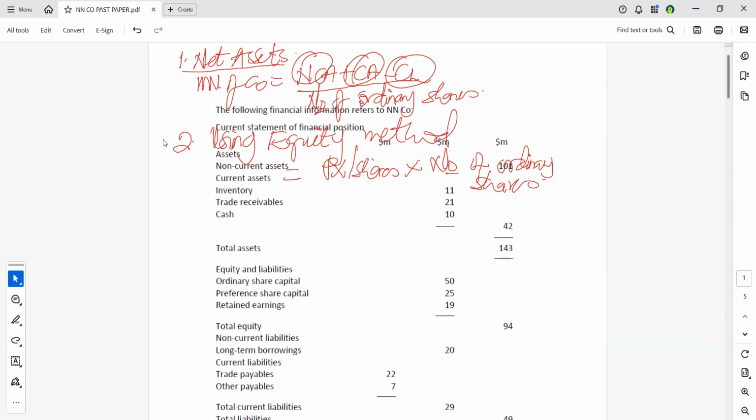Now over here, we are talking about the current share price times the number of ordinary shares. That is what we are looking at.